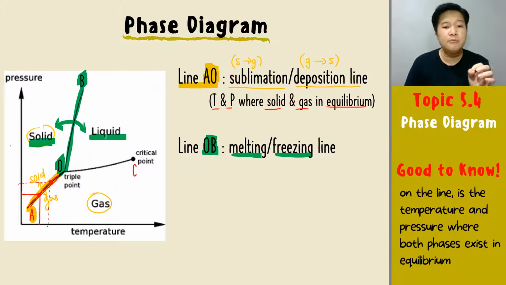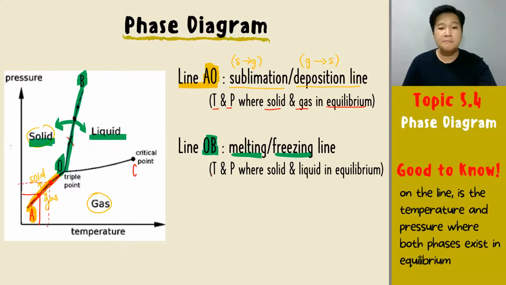That's why the name of the line is actually the name of the physical changes. And as always, when you have a dot on that line, it means at that particular temperature and pressure, the solid and liquid exist in equilibrium. So on the line OB, your solid and liquid exist in equilibrium.